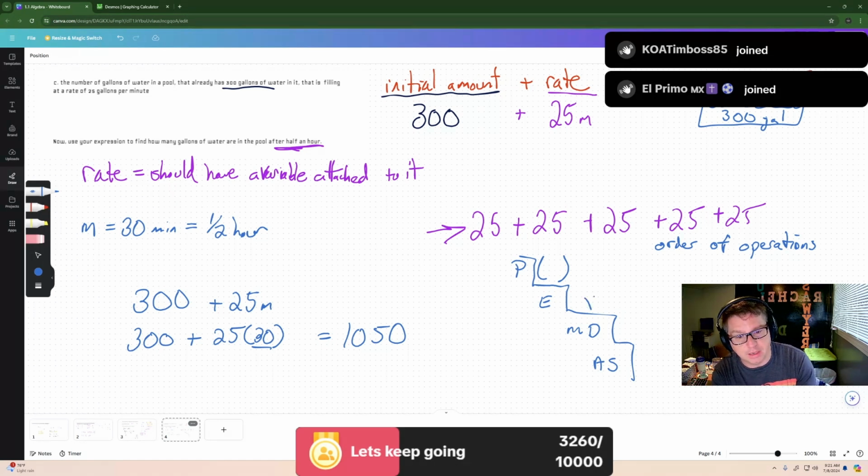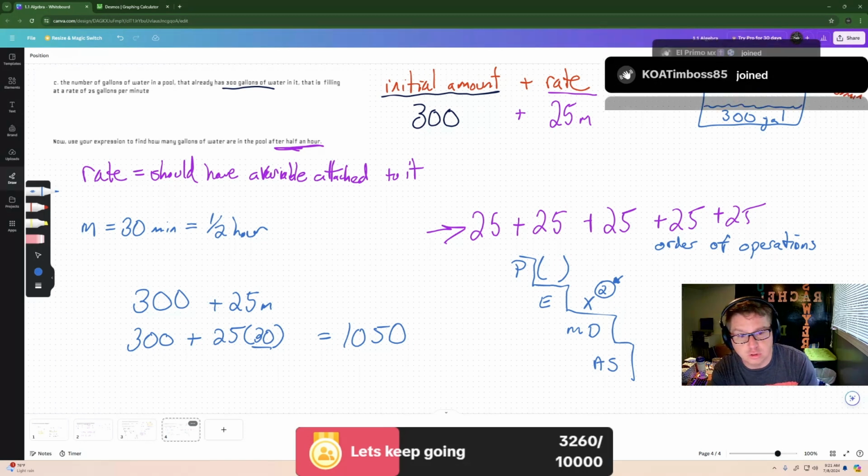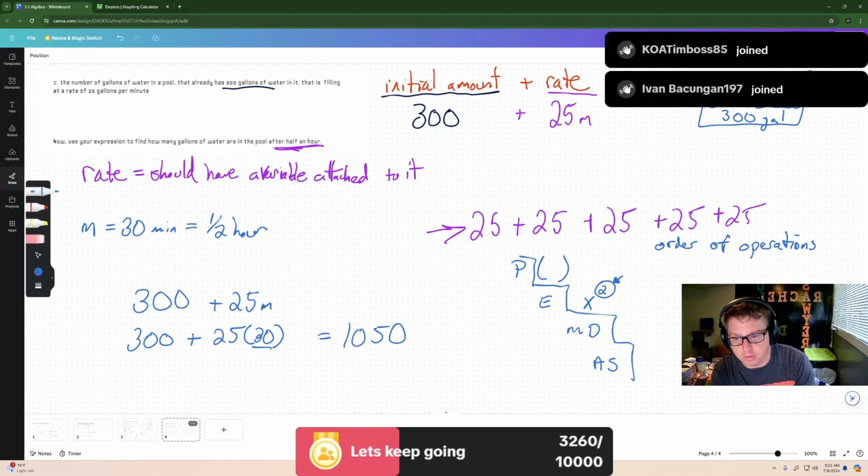The next step being exponents. Exponents are our numbers that are raised to whatever power. So if this was to the third power, we would want to do 30 to the third power before we go on to multiplication and division. Maybe I shouldn't use X. Let's use a dot and then the division sign.